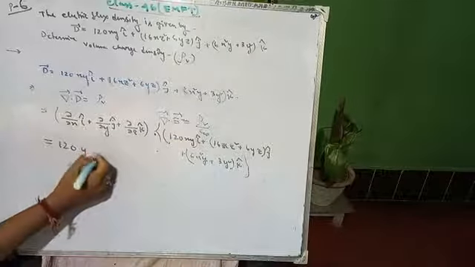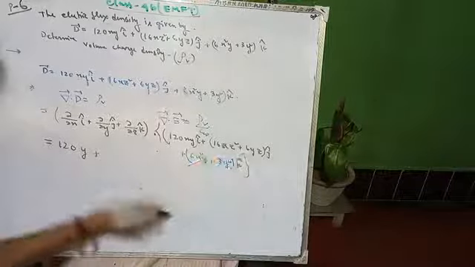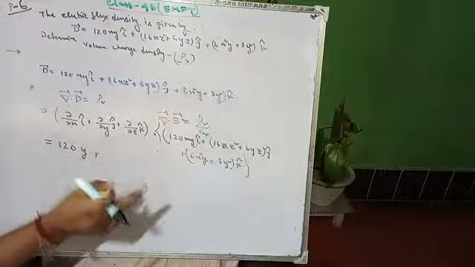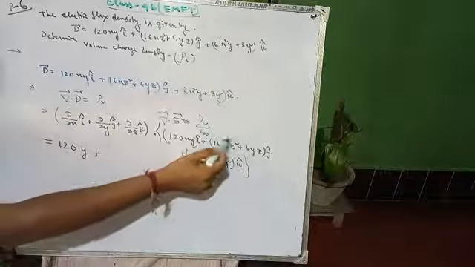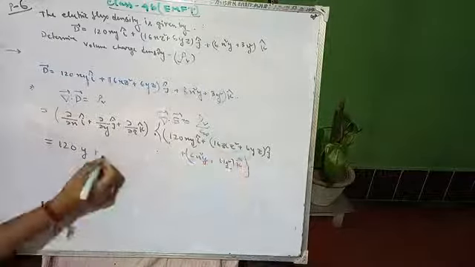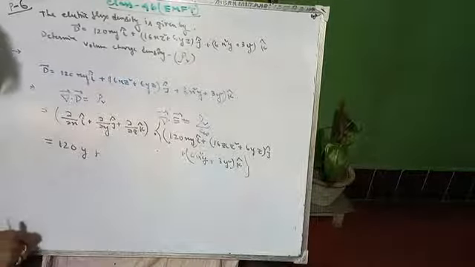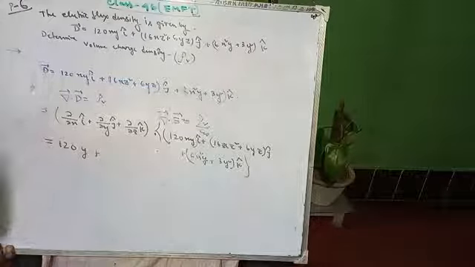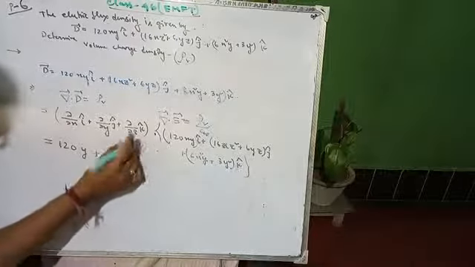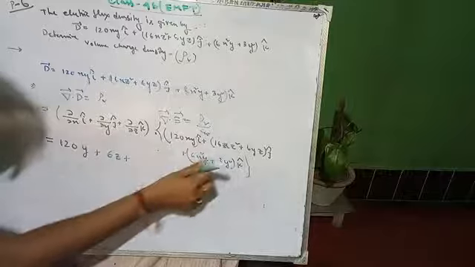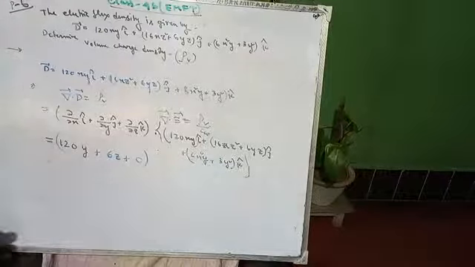Plus del y of (16xz square plus 6yz), because j cap dot j cap will be 1 and the remaining are 0. So del y of the first term is 0 because no y part is present, and for the second term it will be 6z. And del z of the k component will be 0 because there is no z part.